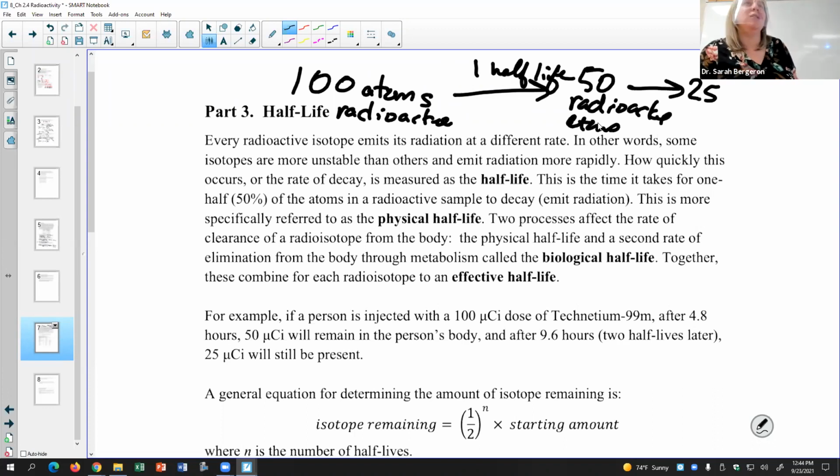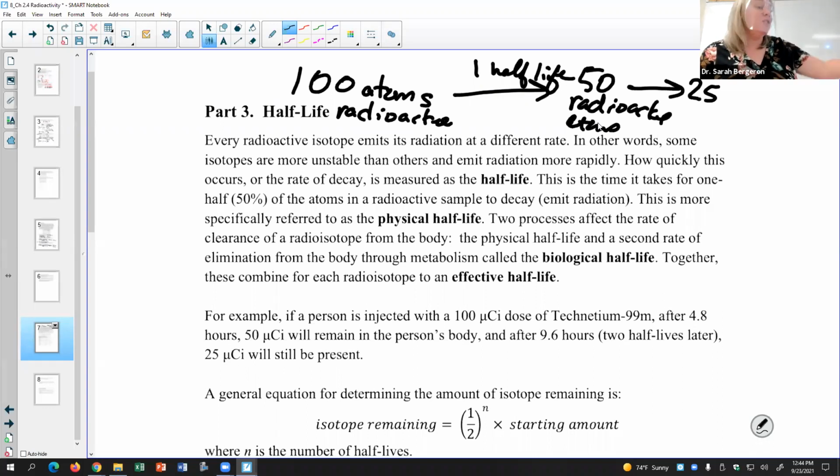But think about what's going to happen inside of a biological organism, right? We are going to excrete things through urine, through feces, right? So some of that radioactive substance is going to be secreted out of the body regardless of the half-life, right?